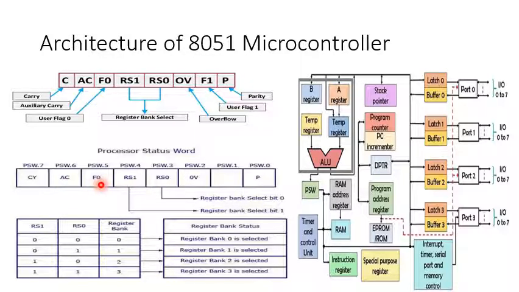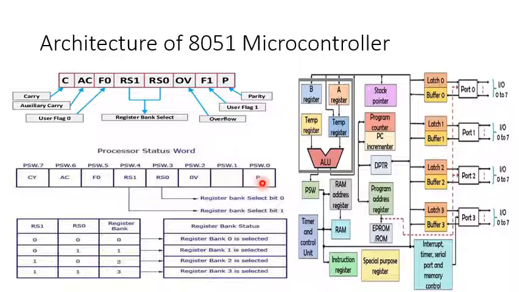Next, the overflow flag. If in signed arithmetic operations the result exceeds 7 bits, then the overflow flag is set, else reset. It is used in signed arithmetic operations only.